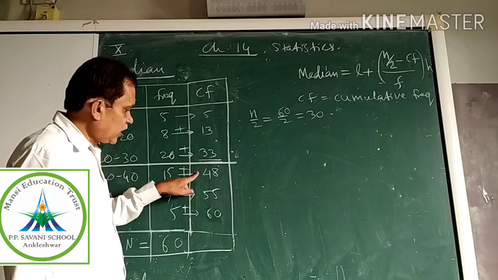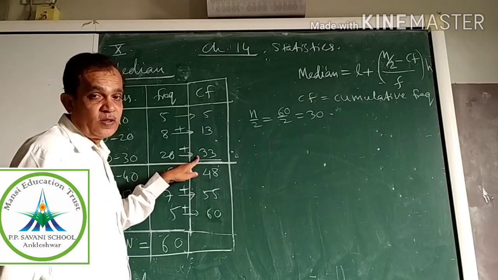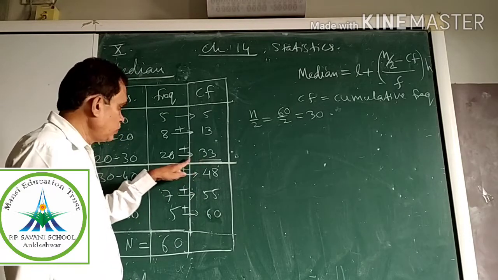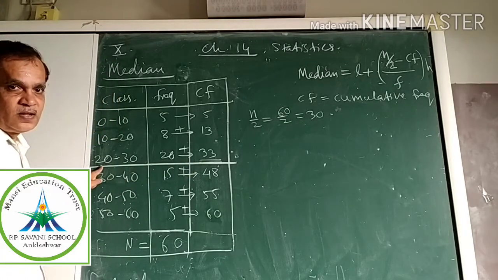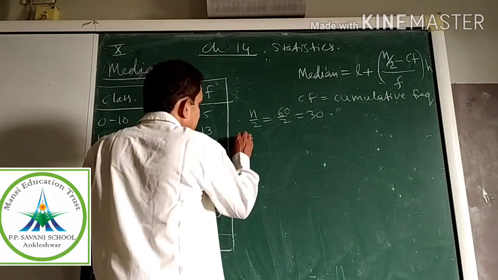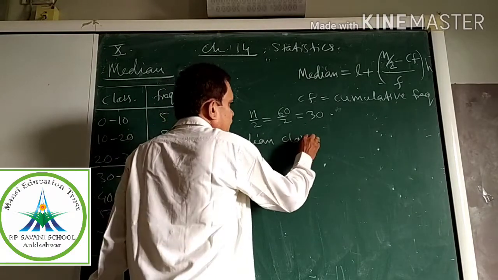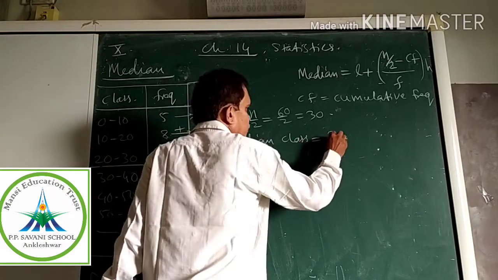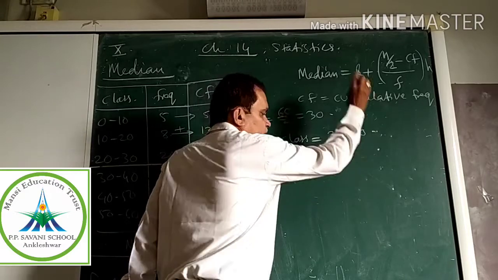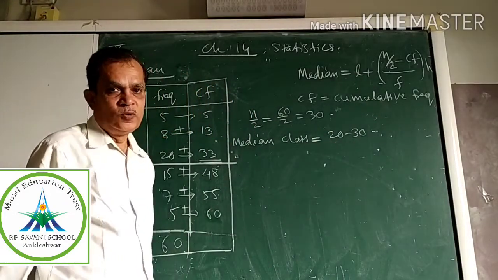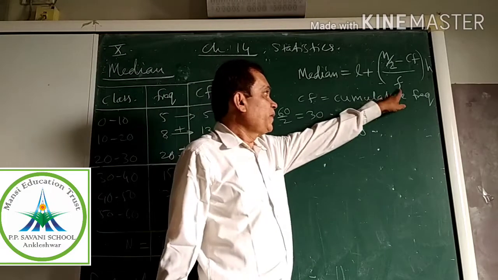These others are all more, but this is slightly more than 30. So this CF gives us the median class. Therefore, the median class equals 20 to 30. We got L and H. H is 10.